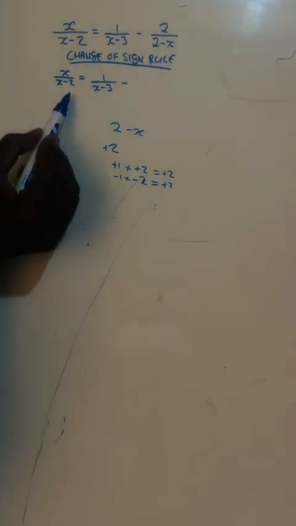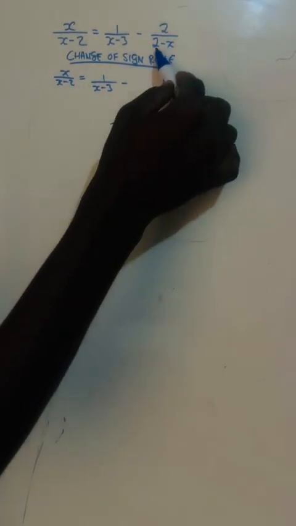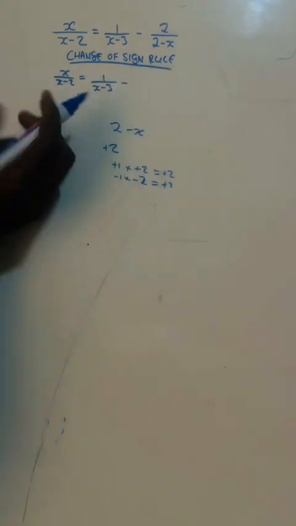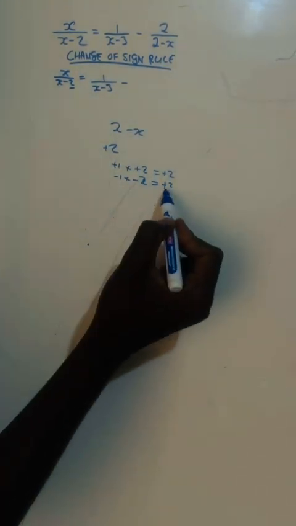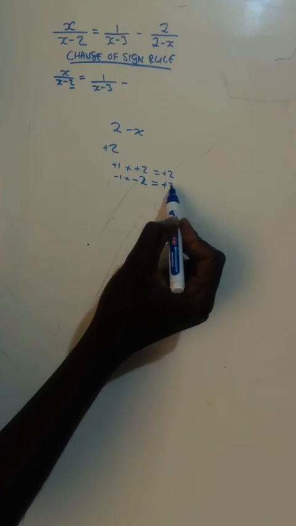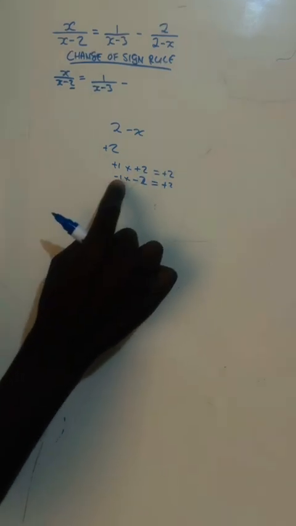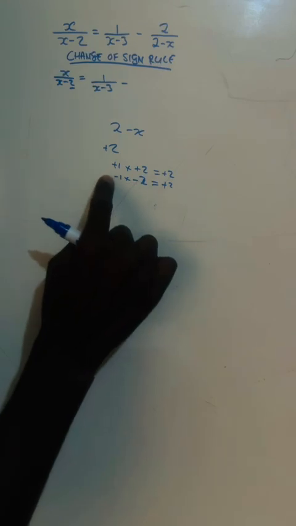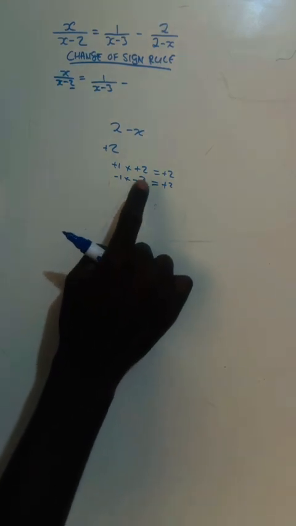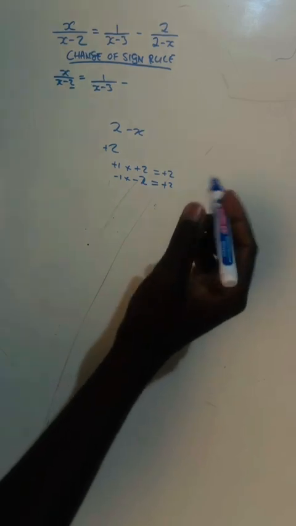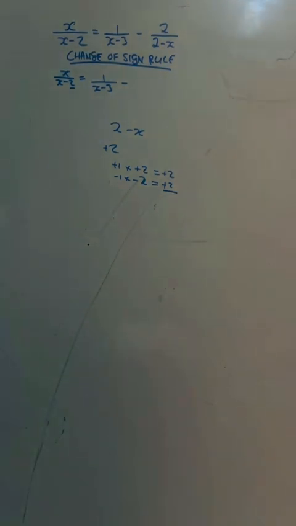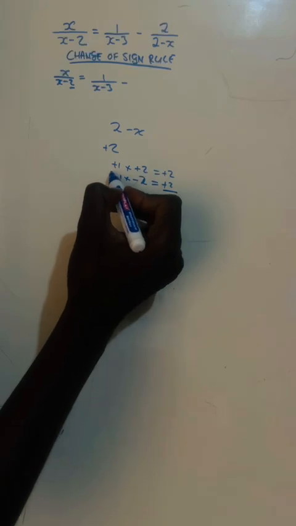So here, the 2 which is here, to get this positive 2, I used the factors negative 1 and negative 2. I'm sorry, negative 1 and negative 2 is the one which gave me positive 2, right?